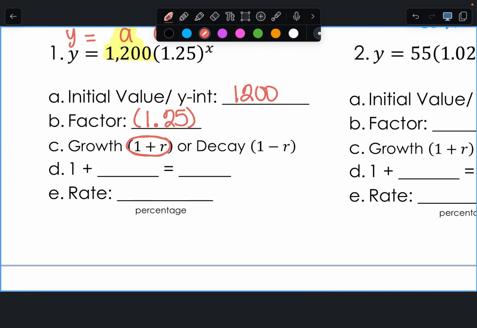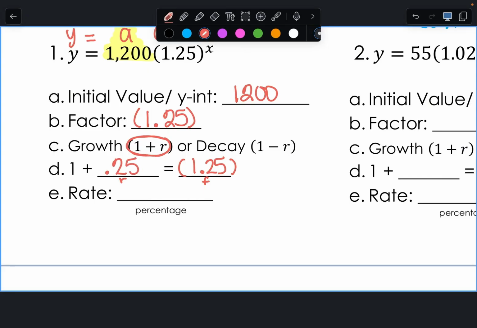Okay? Now my equation is 1 plus the rate is equal to the factor, or 1 minus the rate is equal to the factor. What did I add to 1 to get 1.25? I added 0.25. But what did we say about the rate?